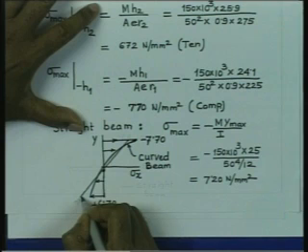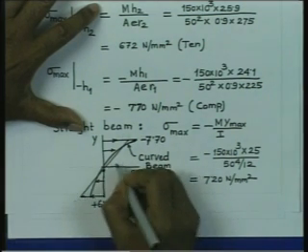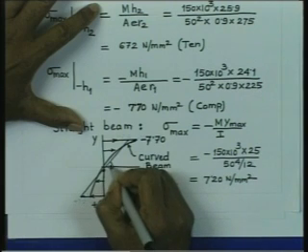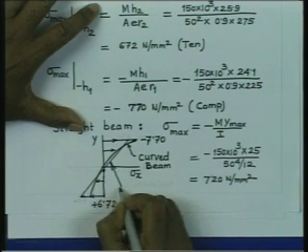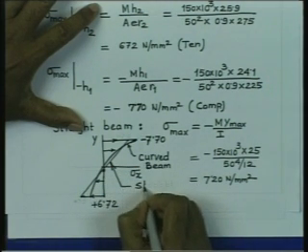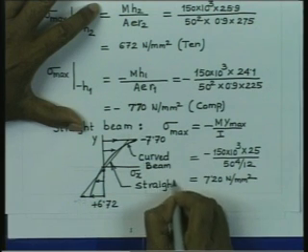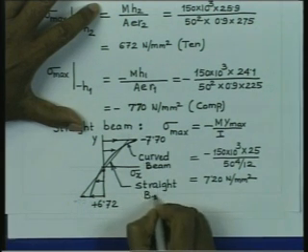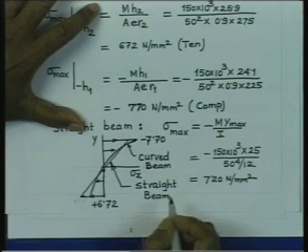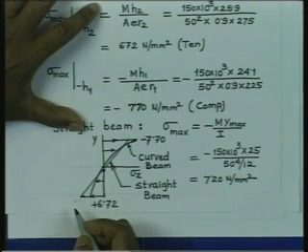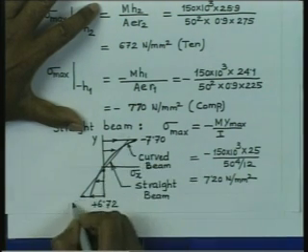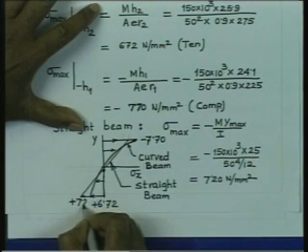So, here this is the straight beam formula, and here the magnitude of the stress both at the top and bottom fiber is plus 7.2.